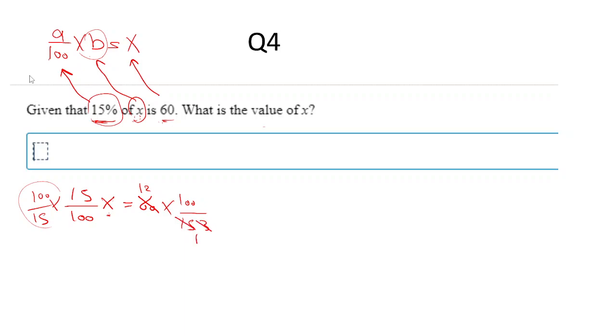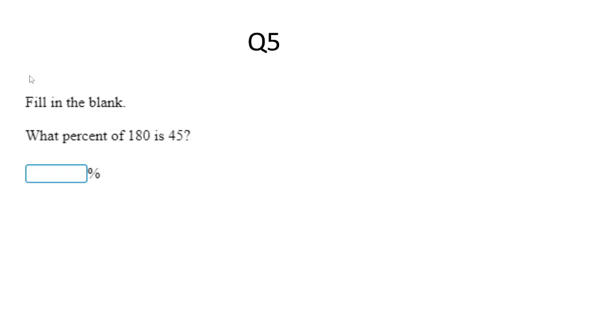By 3 will be 1. By 12 will be 4. So the answer will be 400. So the full amount is 400. That means 15% of 400 is 60. Okay? Very simple. Let's move to question number 5.